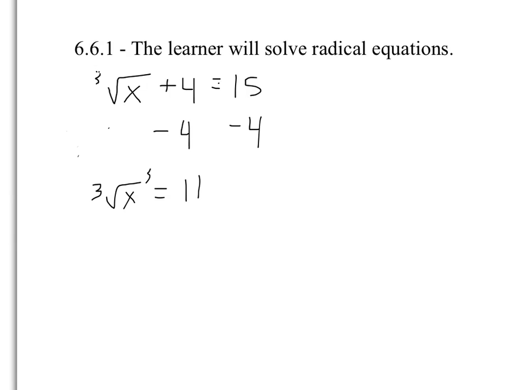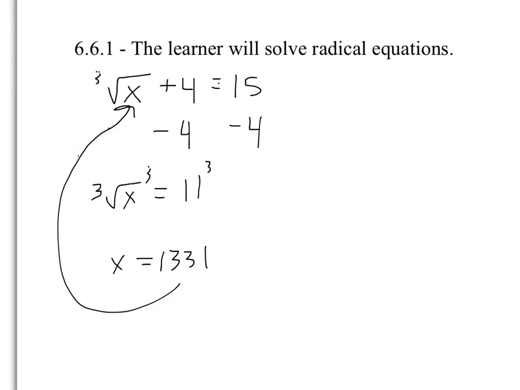Then we would cube both sides, and x would equal 11 cubed, which is 1,331. Now you plug this back in, and then you cube root it, and you add 4 to it, and you're going to get 15.